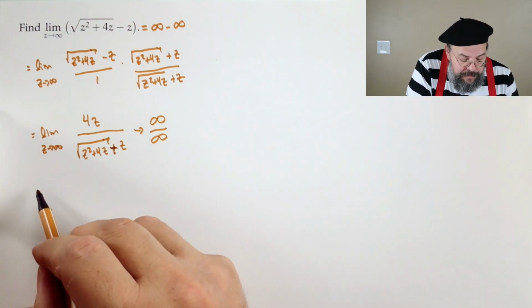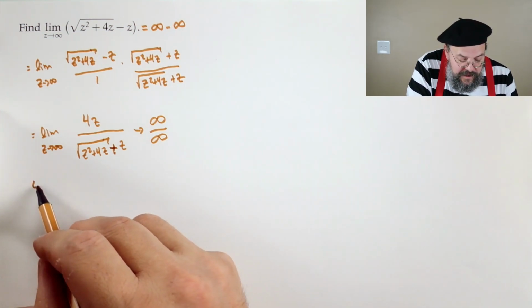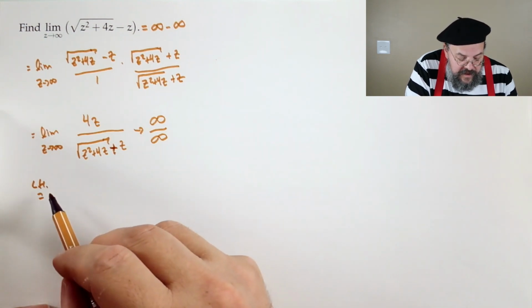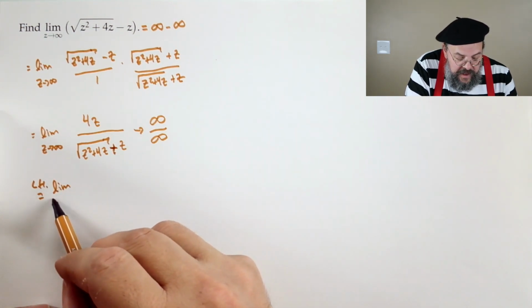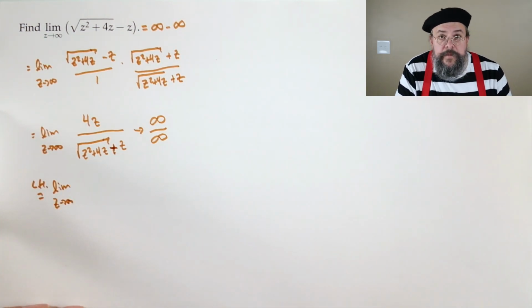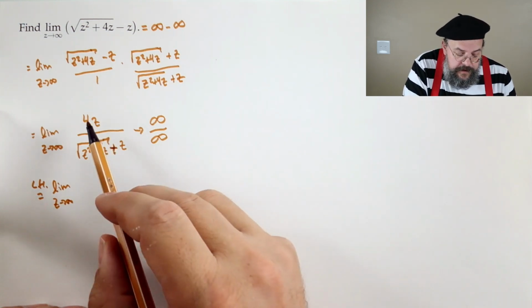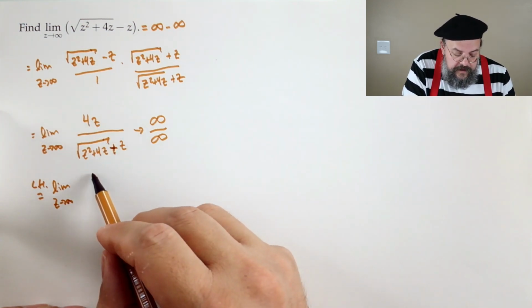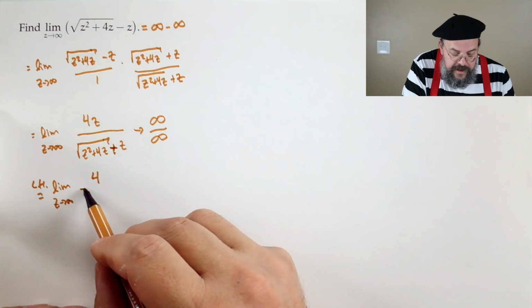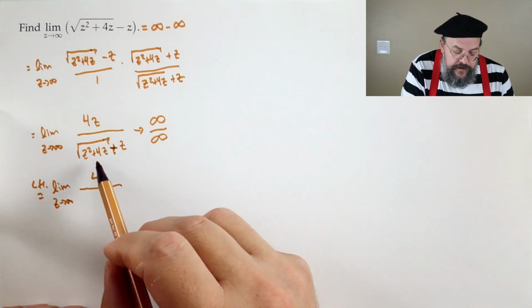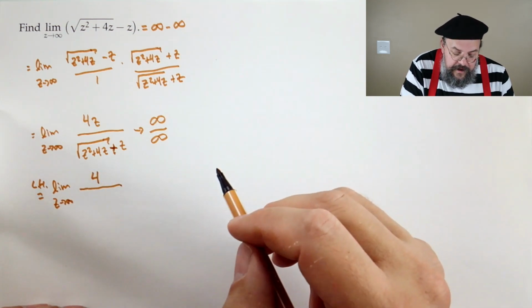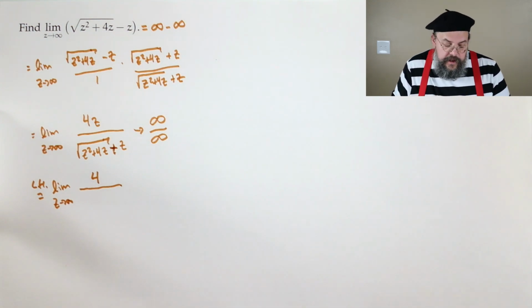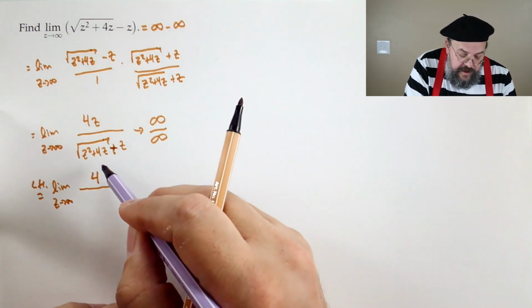Okay, so we apply L'Hopital. So here we go, L'Hopital. So this becomes our limit as z goes to infinity of what? Well, derivative of 4z, that's easy, that's 4, over the square root of z squared plus 4z. Now, as a reminder, what is another way to think of the square root of z squared plus 4z?